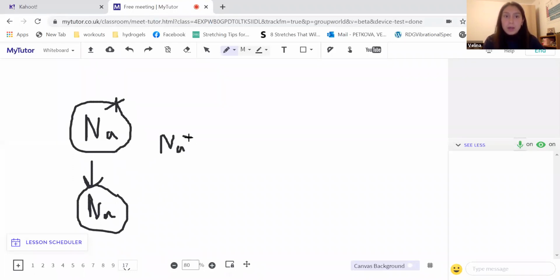If sodium has 11 protons, and at the start the atom has 11 electrons, now it's lost an electron, so it's only got 10 electrons but still has its 11 protons. That means it has 11 positive charges but 10 negative charges, which leaves an additional positive charge, and that's why we form a positive ion. Okay.